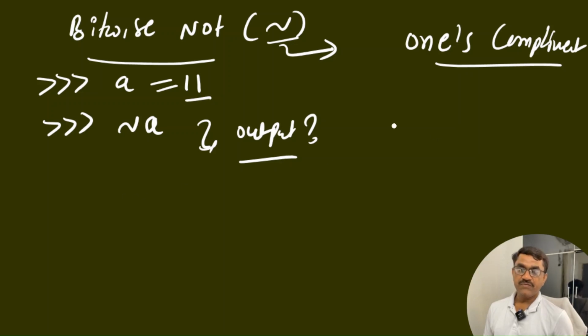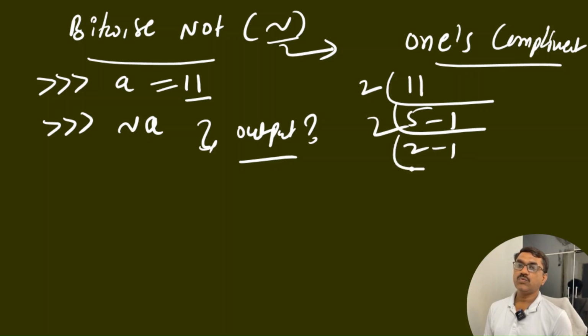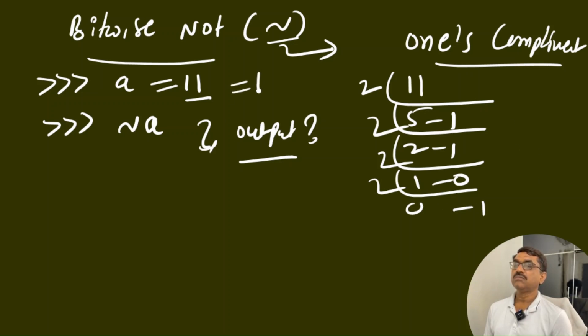First, take the number 11 and it is converted into its bit representation. We know that 11 divided by 2 is 5, the remainder is 1. 5 divided by 2 is 2, the remainder is 1. 2 divided by 2 is 1, the remainder is 0. Here we are going to get 1 0 1 1. 1 0 1 1 is the binary equivalent of 11.